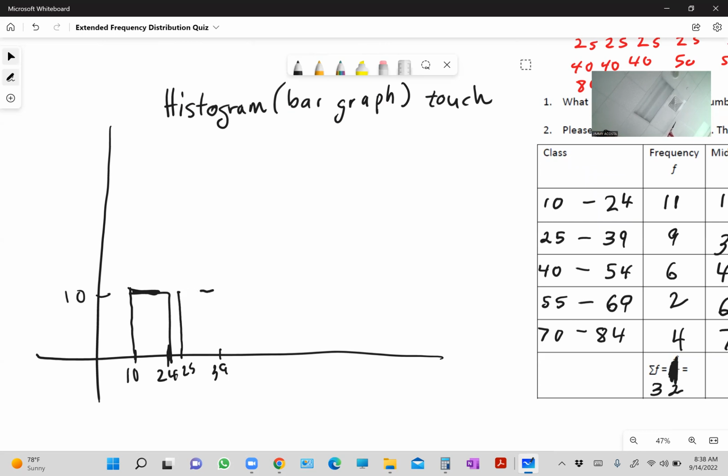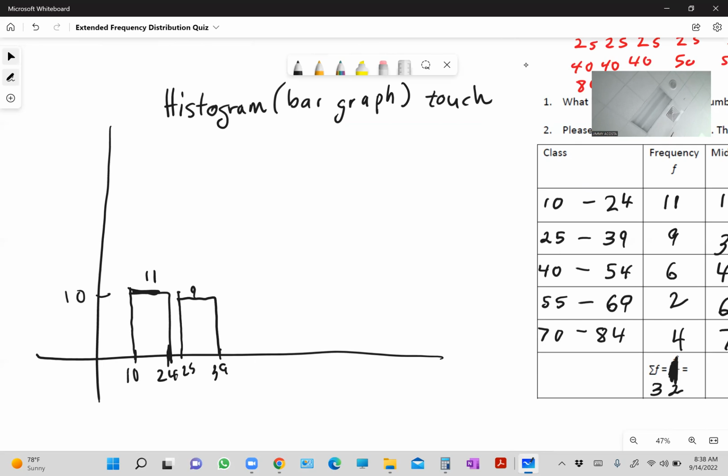And 39 would be 9. So this is 9, this is 11. We have a gap. The bars are not touching. You see? If we did this, we would just have a bar graph. But we want to have a histogram. The bars have to touch. How can I make those bars touch?